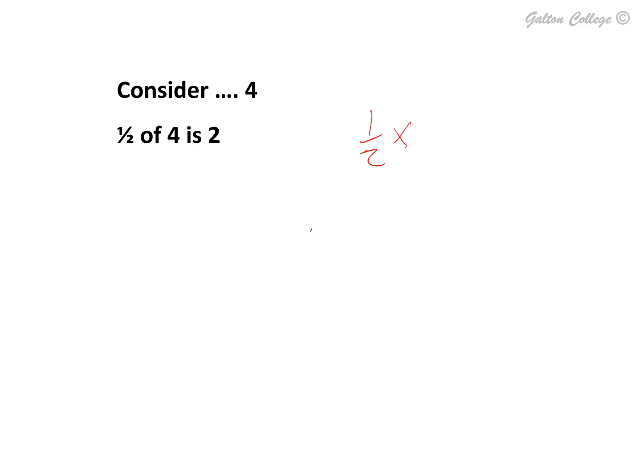So we're going to multiply that by 4, and we're going to get, well, if we multiply it, what we actually do is we say it's 4 over 2, 4 divided by 2, because we multiplied a 1 here by the 4. So we get 4 over 2, which of course is just equal to 2. Now, that's all we've got here. We've got a half of 4 is equal to 2.